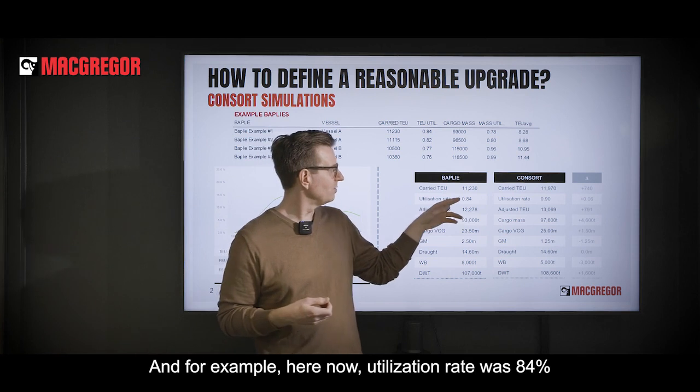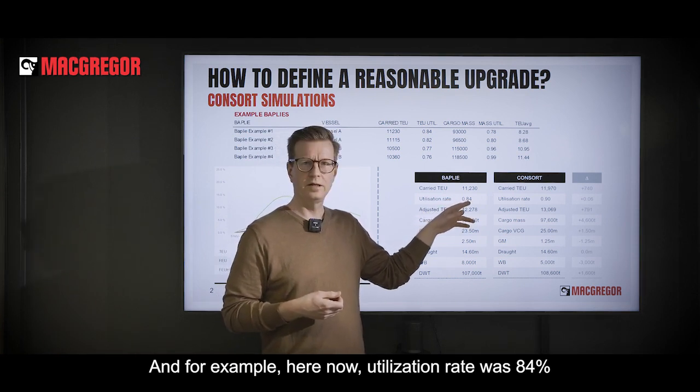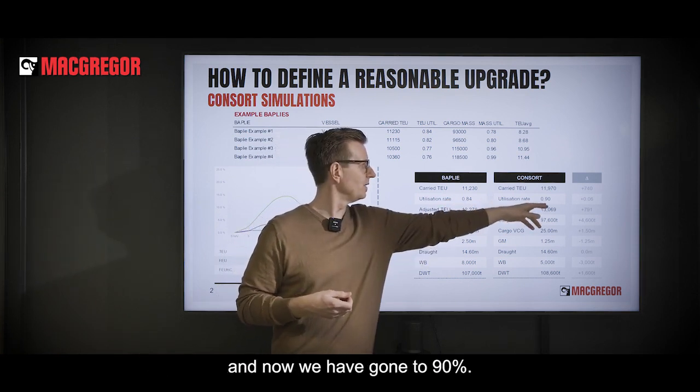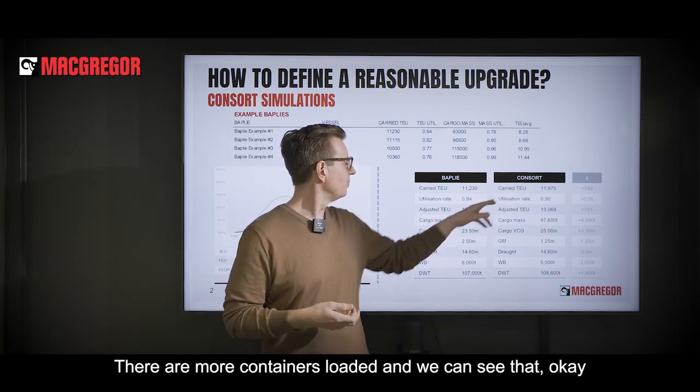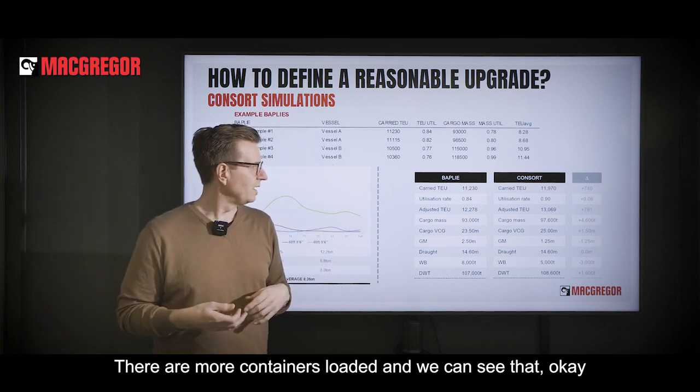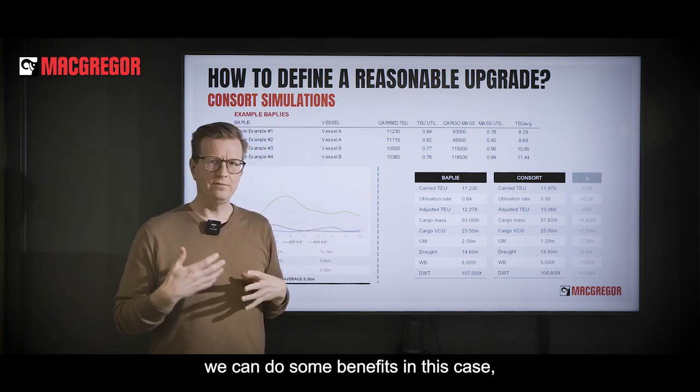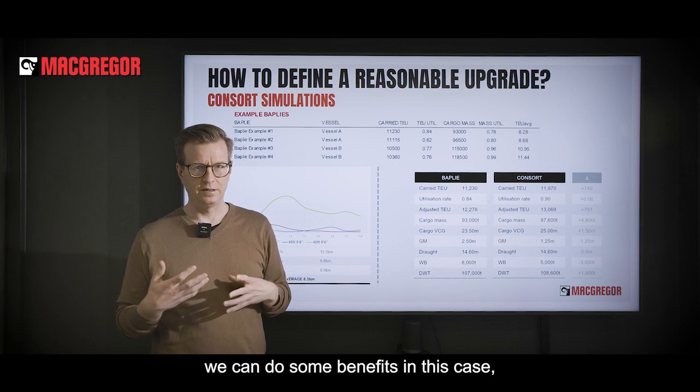For example, here the utilization rate was 84, and now we have gone to 90, so 6% more. There are more containers loaded, and we can see that okay, we can get some benefits in this case.